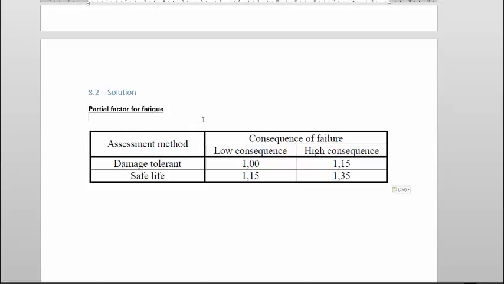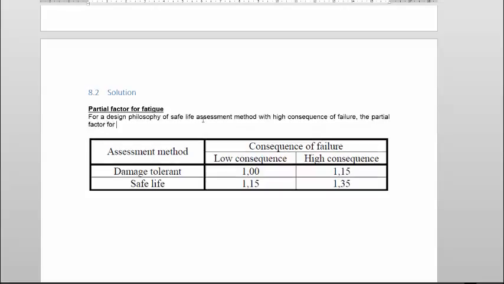As we say, for a design philosophy of safe life assessment method with high consequence of failure, the partial factor for fatigue is now, if we look at the table, and let's just insert lines so that we can see what we do. What do we say? We say we have a safe life method, so there's our safe life method.